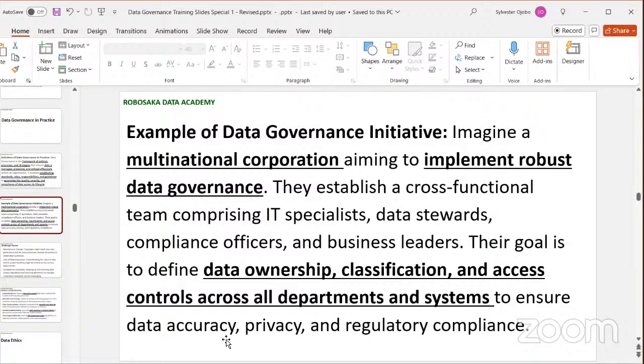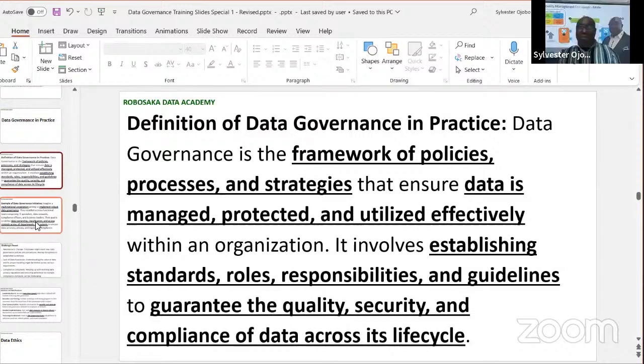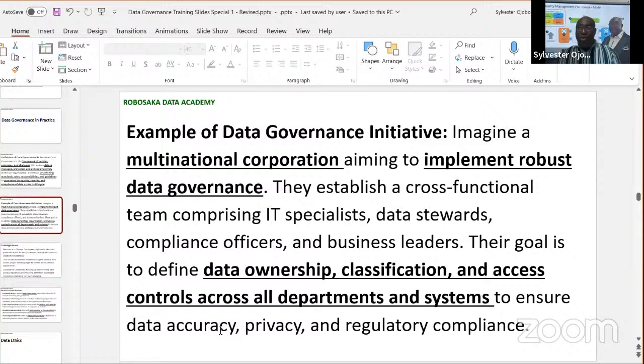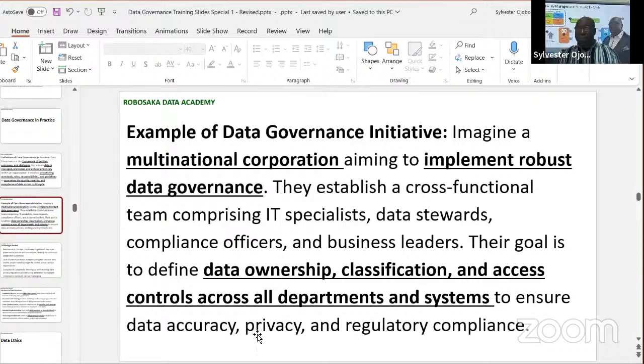The data has to be true. Quality. Anytime you have accuracy, you are dealing with quality. Anytime you talk about privacy, you are dealing with what? Data protection. Anytime you are dealing with regulatory and privacy, you are dealing with data protection.